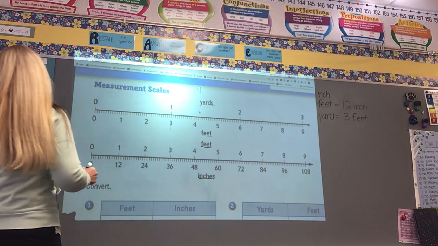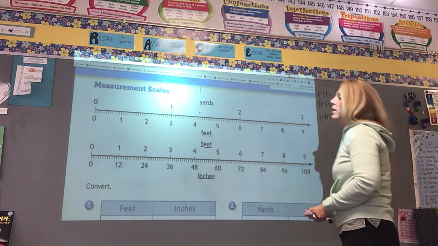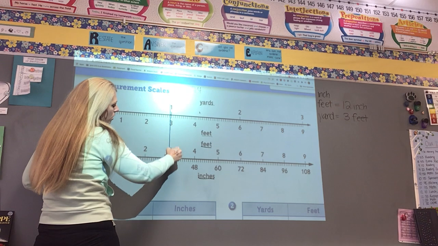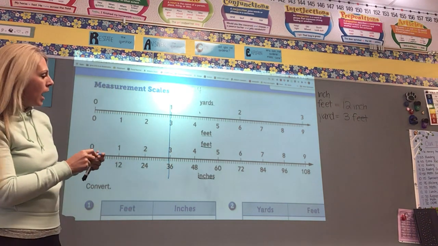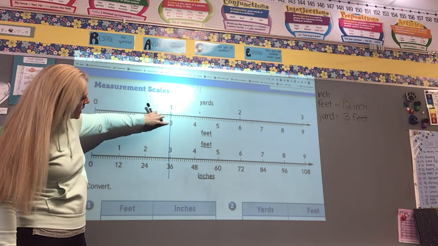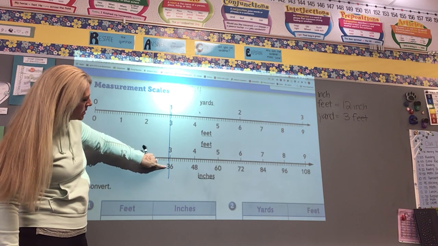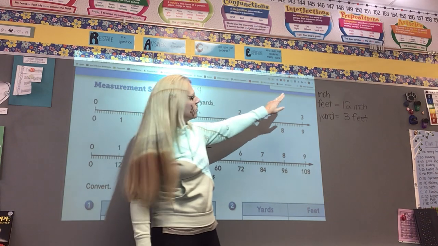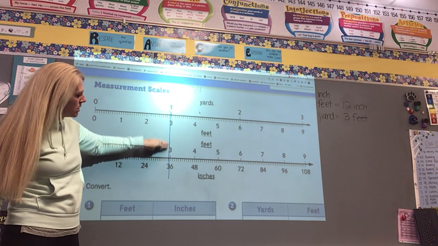But if I were to take that line even further, and drop it all the way down into my lower number line, I notice then 1 yard is the same as 3 feet, and 3 feet is the same as 36 inches.